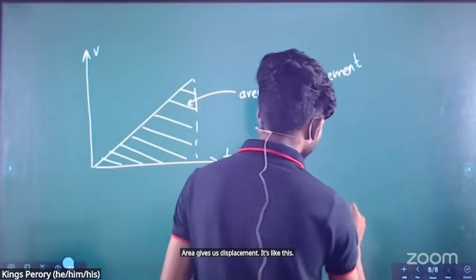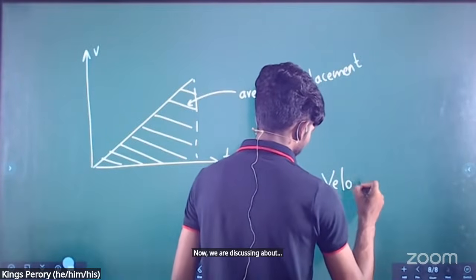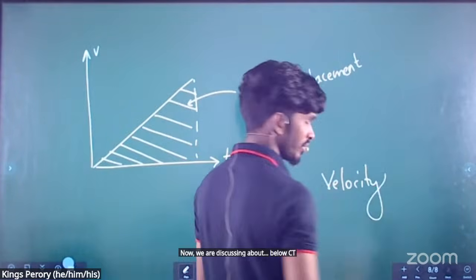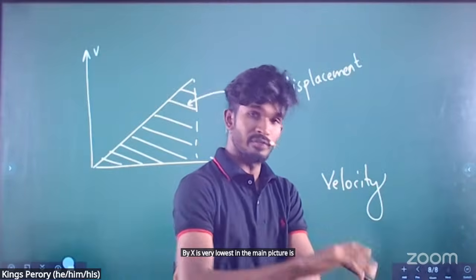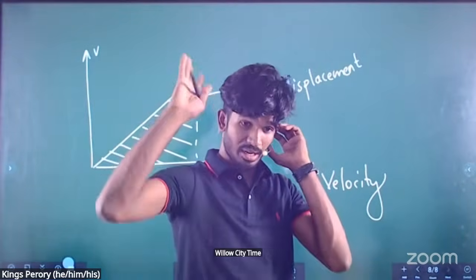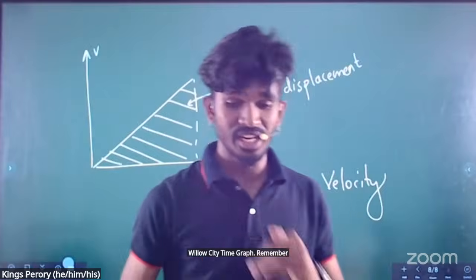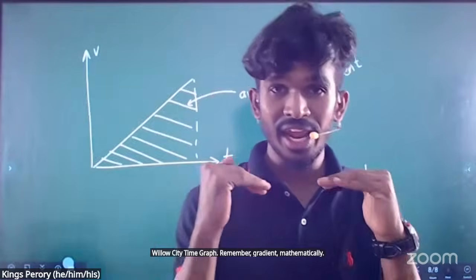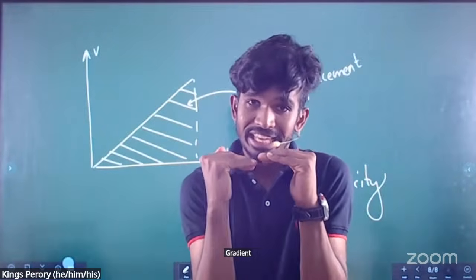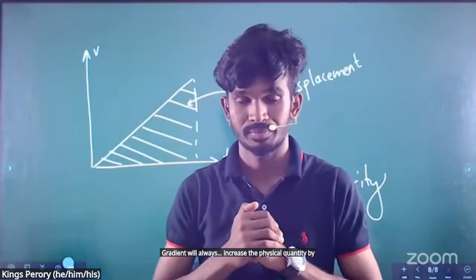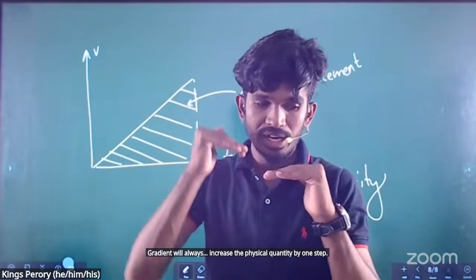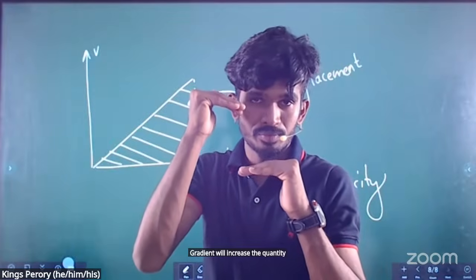Now we are discussing the velocity time graph. The y-axis is velocity, the main quantity is velocity. Remember, mathematically, gradient will always increase a physical quantity by one step.